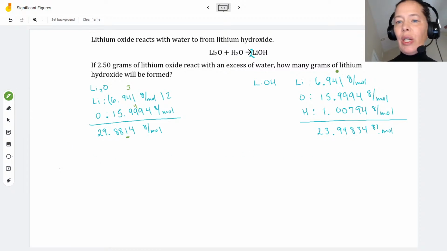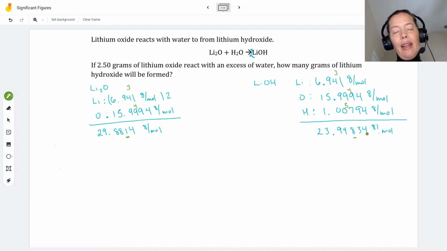Okay, so let's count up again. Lithium is 3, oxygen is 4, and hydrogen is 5. So again, my lithium is going to limit me, so I'm going to round to the 3rd decimal place right here. But again, I'm going to carry all those digits forward, and I'm not going to actually round until the very end of my calculation.